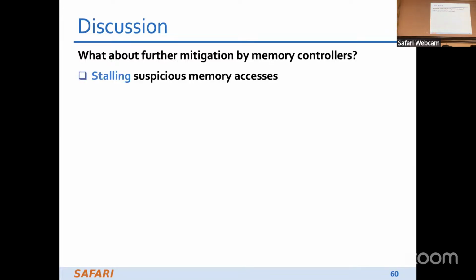So another one would be stalling of suspicious memory accesses, just slowing down any process that is showing a significant amount of accesses to the same address over and over. Of course, this would degrade performance of this process and could potentially target processes that are not actually being harmful or trying to be harmful.